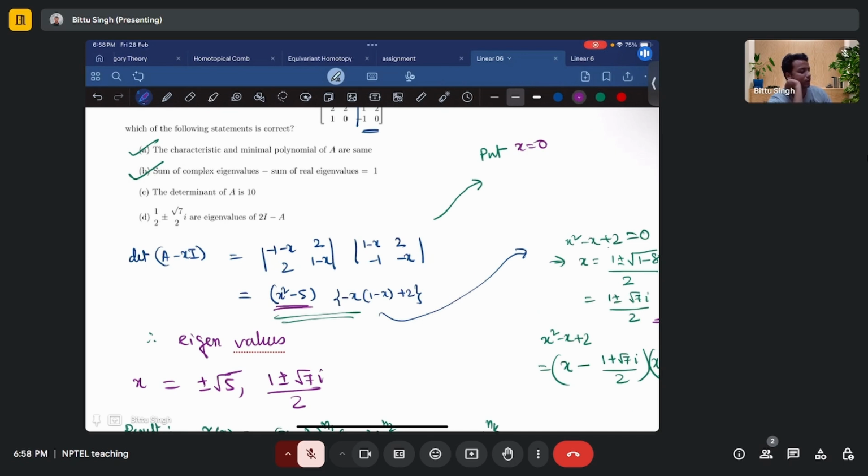Putting x equal to 0, we have determinant of A minus 0, which is determinant of A. This is the same as putting 0 here. So this is -5, and putting 0 here we get times +2, which is -10. So the determinant is -10. So this is false because there is an issue with the sign.